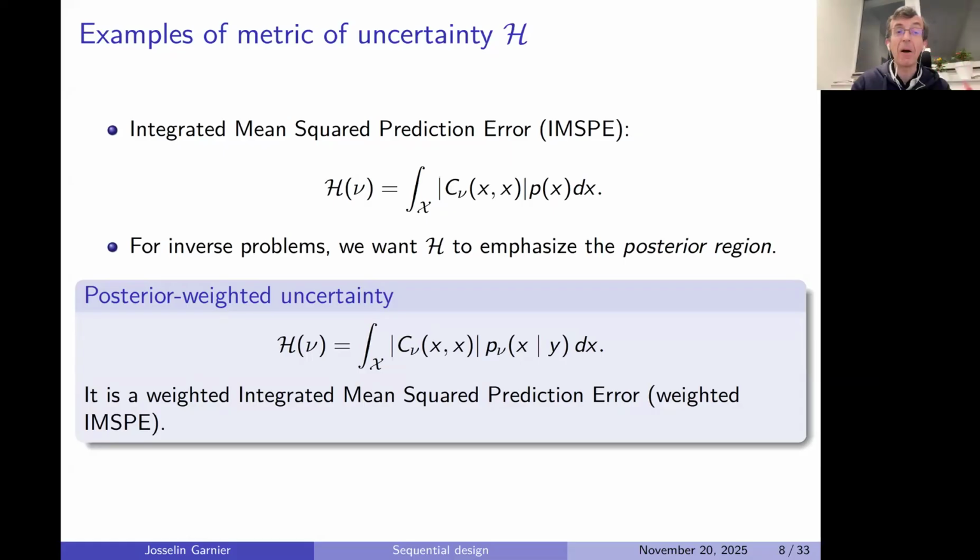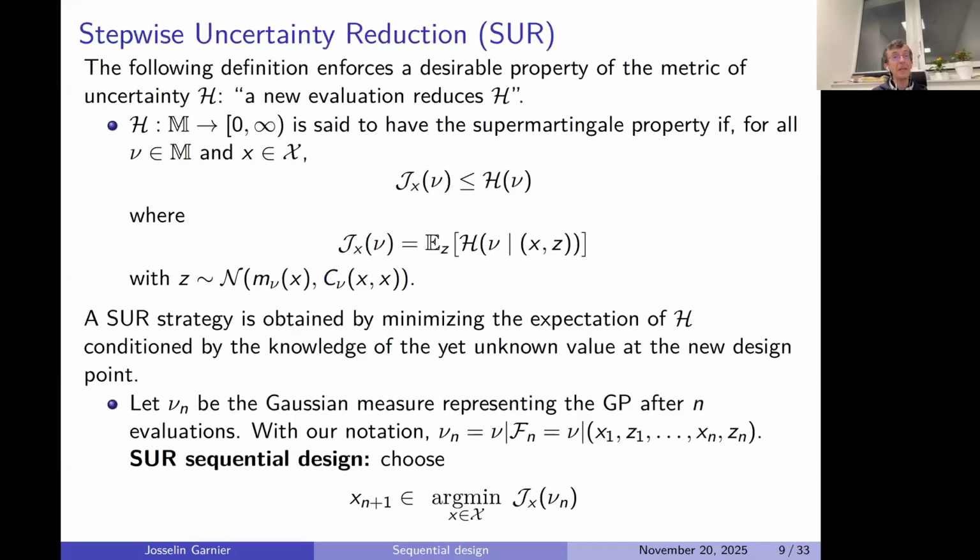This is really our metric of uncertainty that will tell us whether we are good or not. So now, in general, what is a good, let's say, metric of uncertainty? It's something that would satisfy the following property: a new evaluation reduces h.